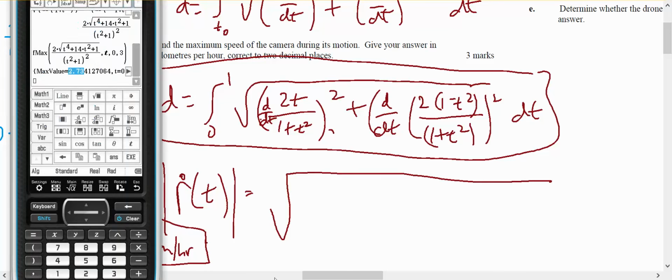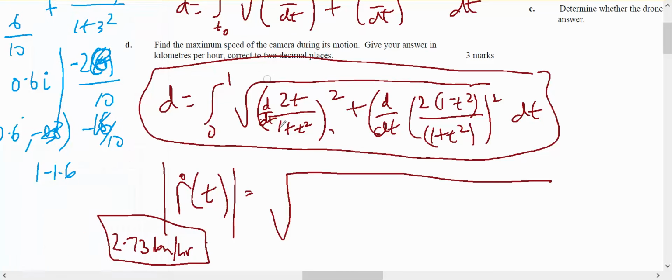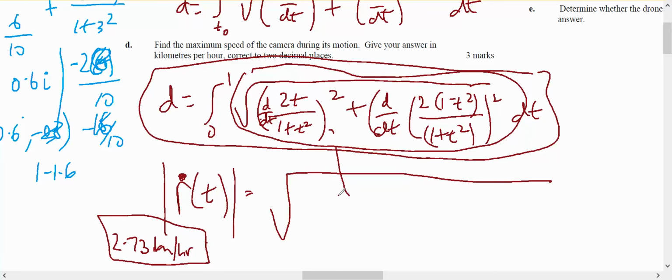And if you wanted to know what time that was, at time 0.4969, 0.50. Didn't ask for the time though, it's just asking for the maximum. Now, the velocity would be the derivative of position, which is why I was able just to take this square root and put that in there.